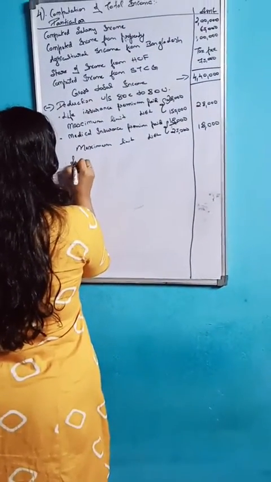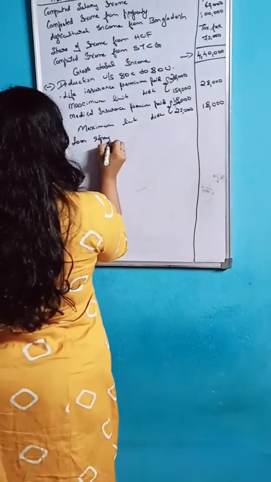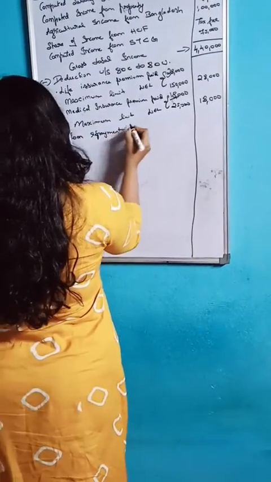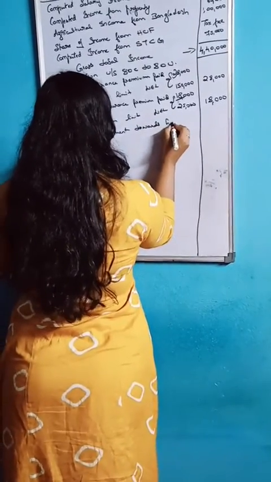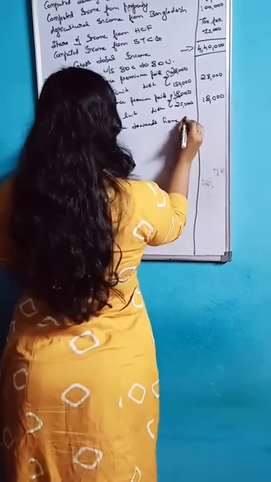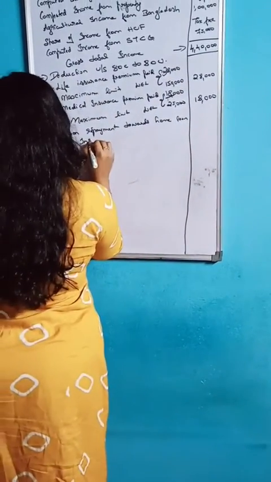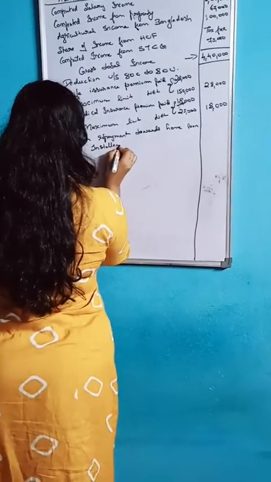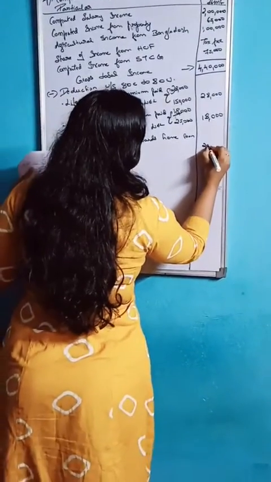So loan repayment towards home loan installment is rupees 20,000.